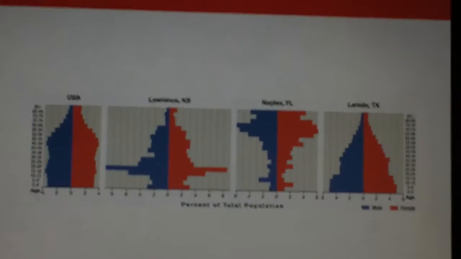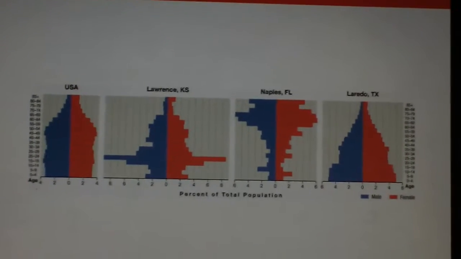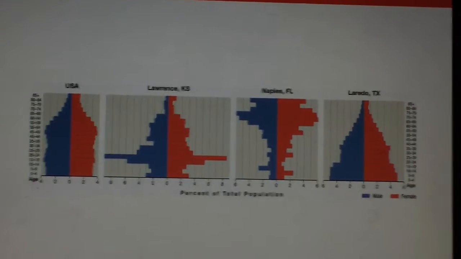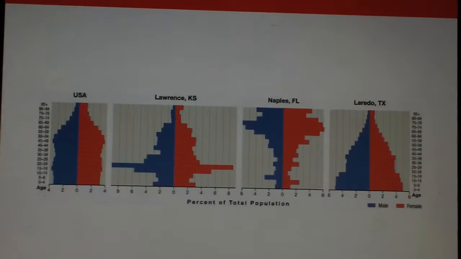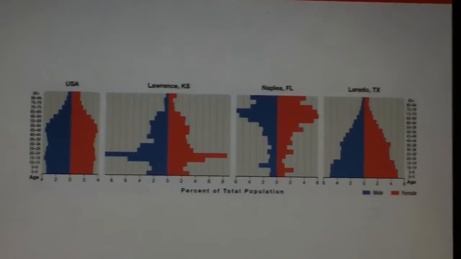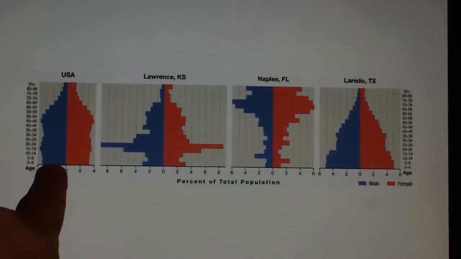Now that's going to end up causing problems later on for that society, as we talked about that causing issues for China today. There are problems for marriages later when you have a huge male population.